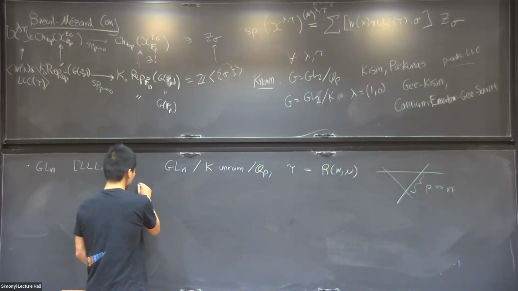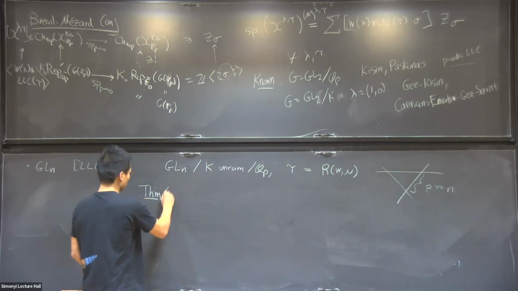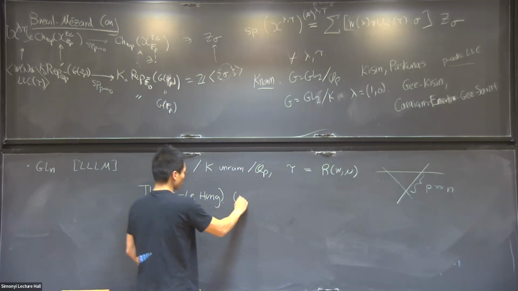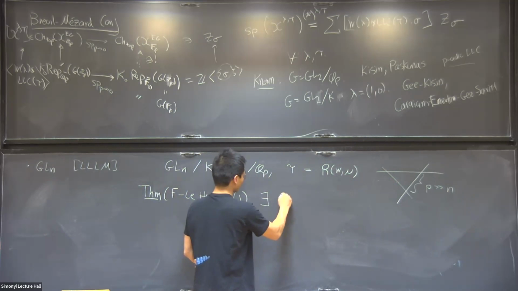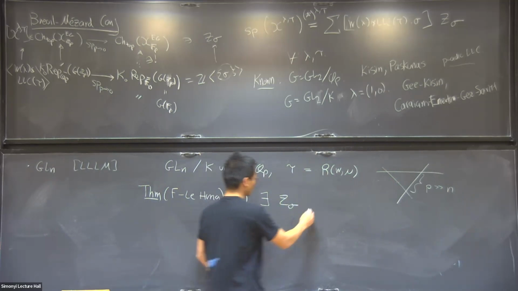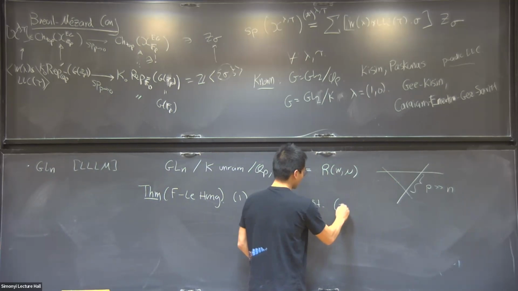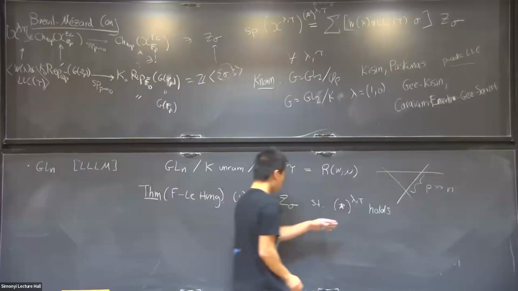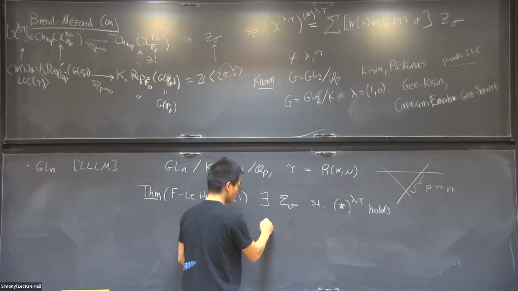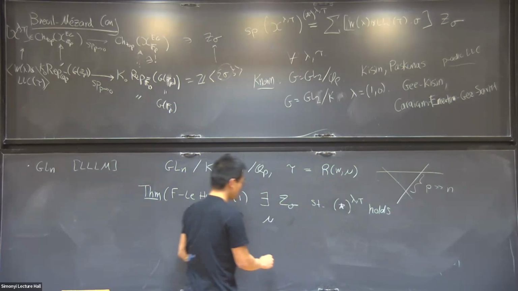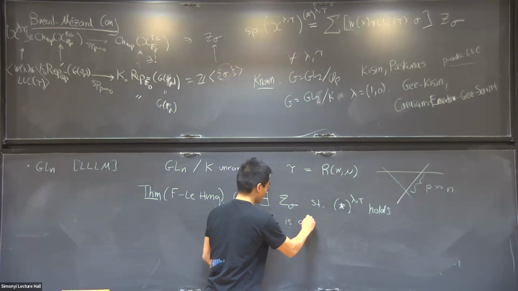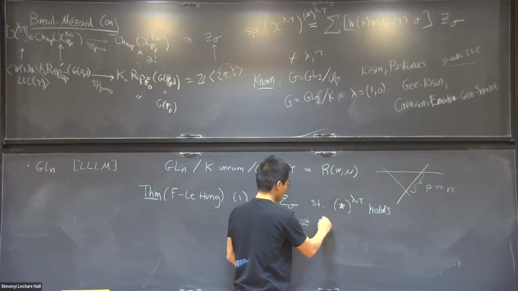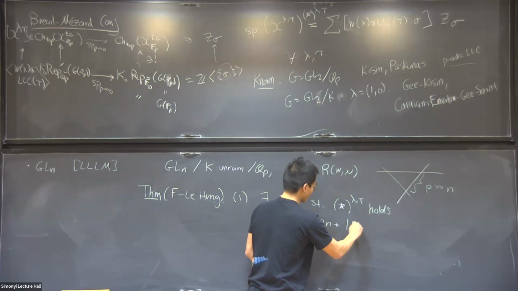So, okay, what does the theorem say? First of all, it says that there exists some construction of these Breuil-Mezard cycles such that this equation, star lambda tau, holds under the condition that the mu in the tau is at least, say, of size 2n plus the size of lambda from the walls.